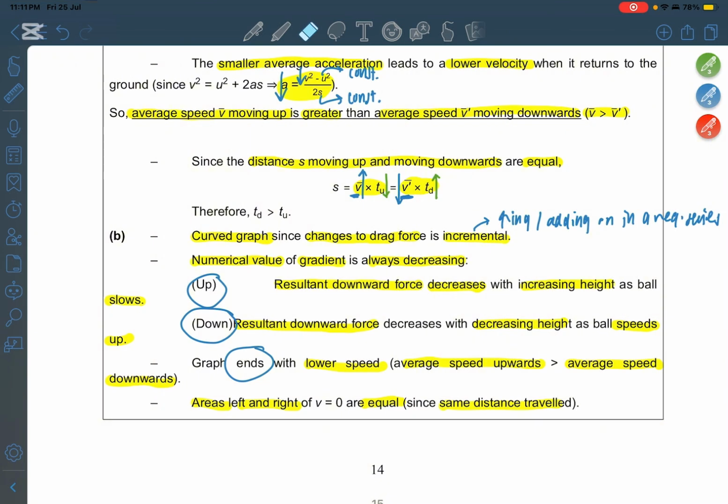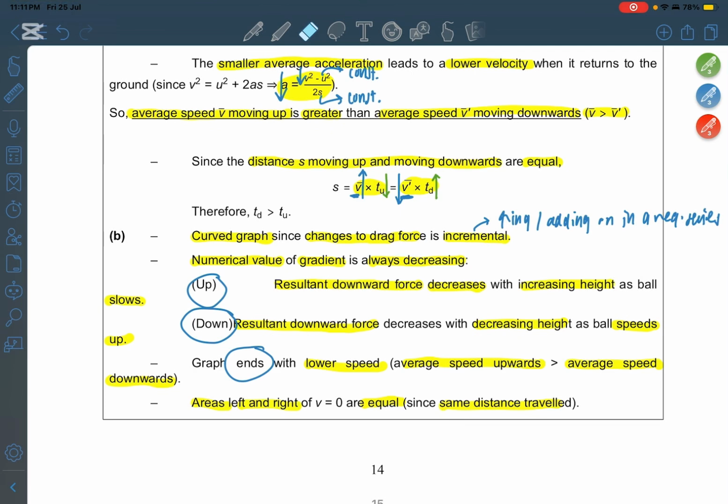But as the ball goes higher and higher, you notice that it slows down. Why? Because speed is decreasing, right? That means air resistance, which always reacts towards speed, is also going to decrease.